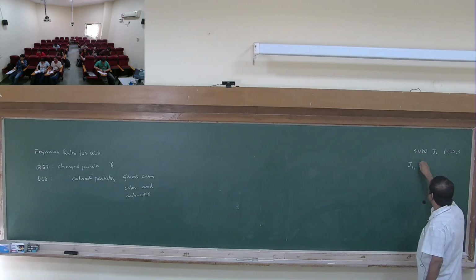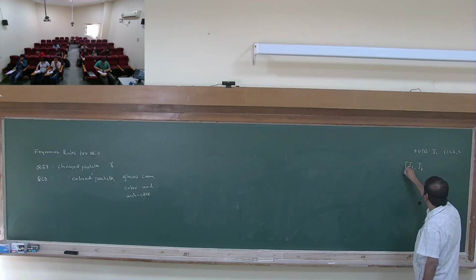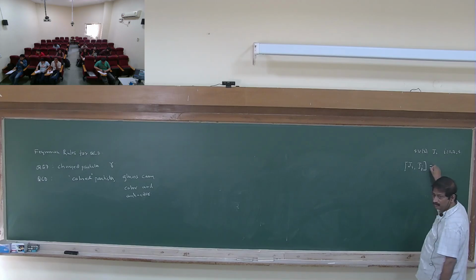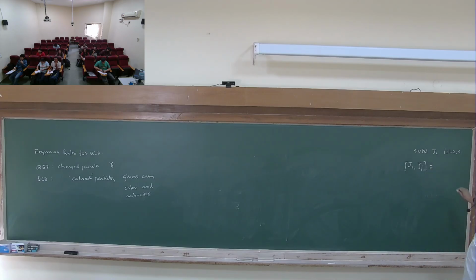Okay, J_i, J_j. The commutator is J_k like that, and epsilon_ijk like this. You all know this.